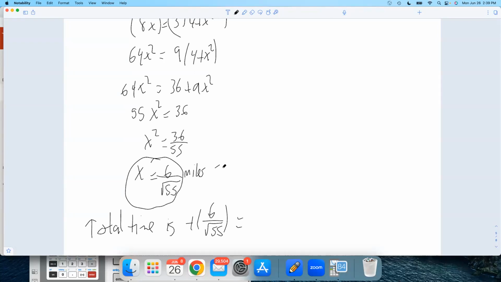That is approximately, by the way, 0.80904. And when I plug that back in, I get about 1.368 hours. So that is the minimum time. It occurs at this location, and that's what the value of it is.